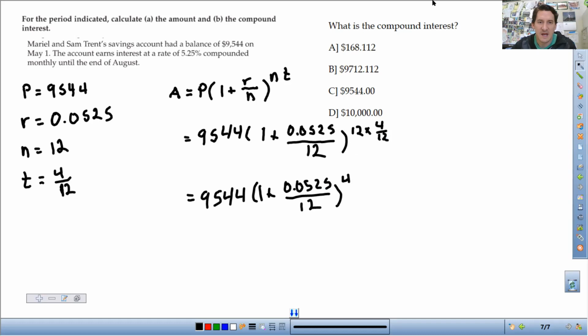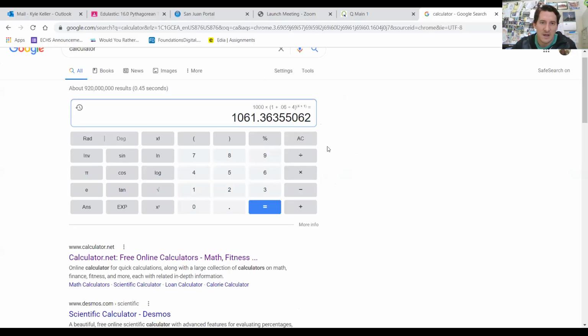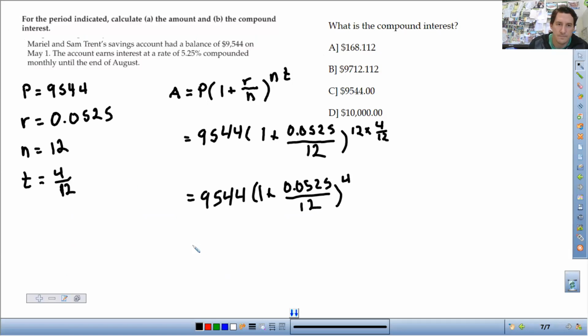So put all that into the calculator. 9,544 times 1 plus 0.0525 divided by 12, to the 4th power, comes out to 9712.119. So $9,712.12.